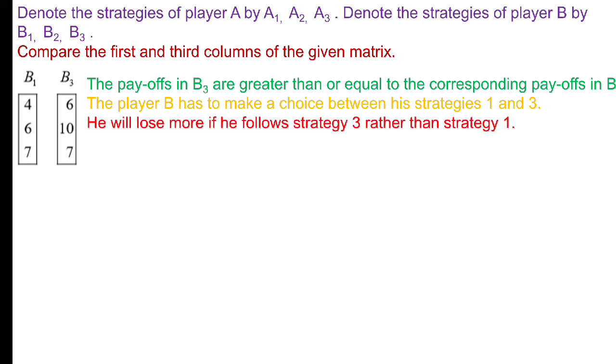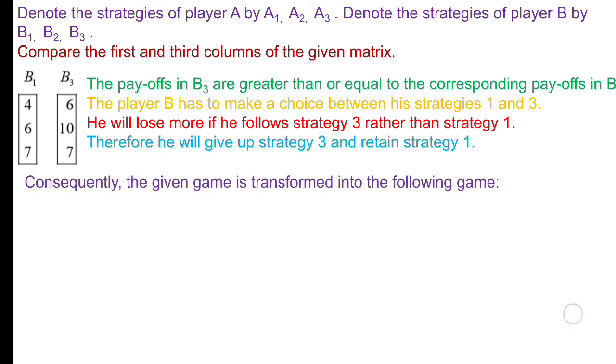He will lose more if he follows strategy 3 rather than 1. So we'll get the following strategies: 4, 8, 6, 2, because B3 is deleted because of its column maximum value compared to other columns. So 2 columns were got.